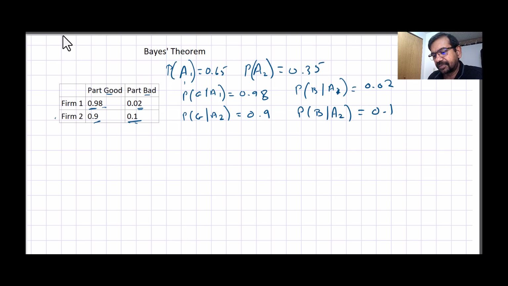So now we can construct a path. We can look at the intersection of these two events. So what is the probability of a part coming from firm 1 and the part is good?